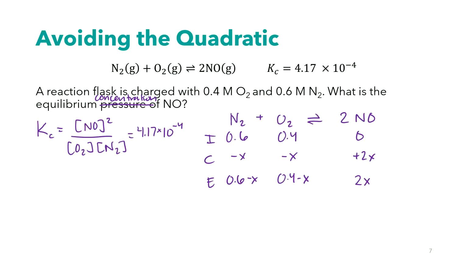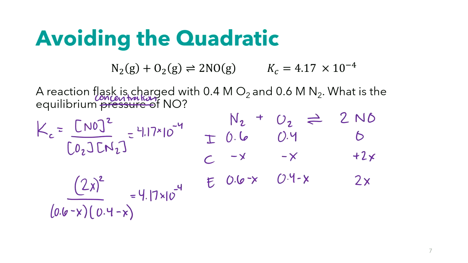Because when I plug this in now, I'm going to have 2x squared over 0.6 minus x times 0.4 minus x. Right? So I don't have that square in the bottom, which is what made it so nice on the previous slide. Okay, so how can I make this math easier for myself?